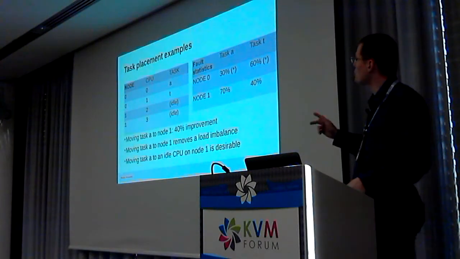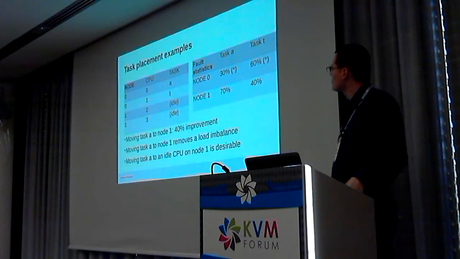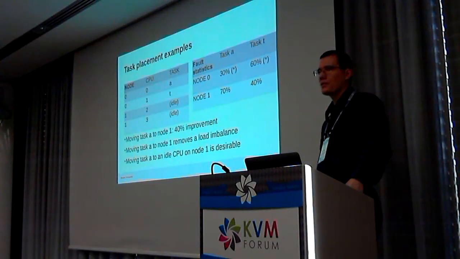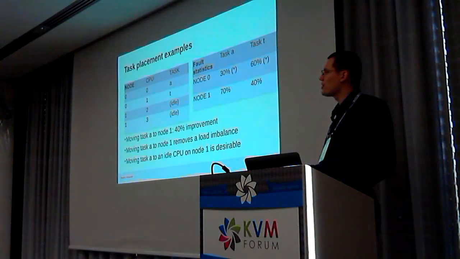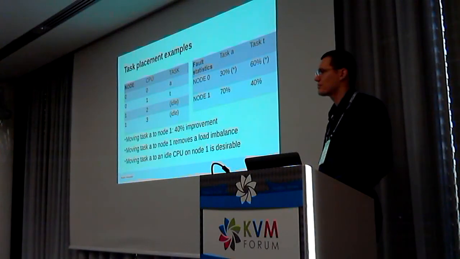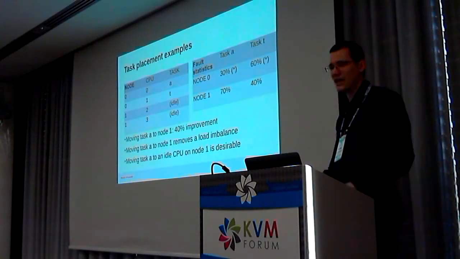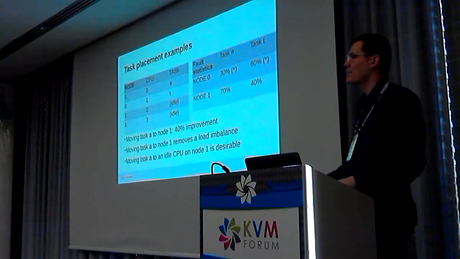If we simply move task A to node 1, we remove an imbalance in the system, so we make the load balancer happier than it is now, and we improve the NUMA locality of task A by 40%. It's pretty easy. We move task A over to node 1, and things are better than before.